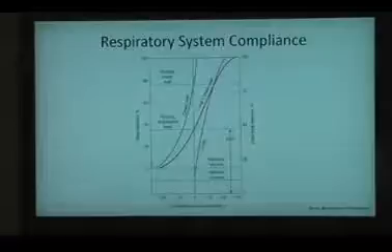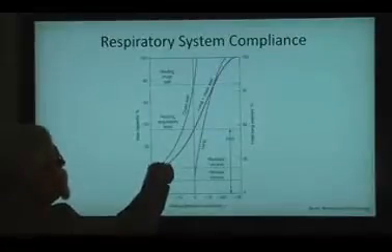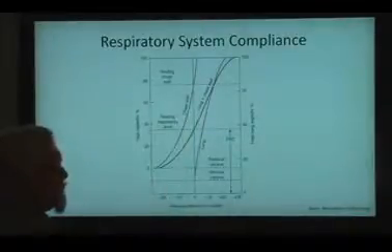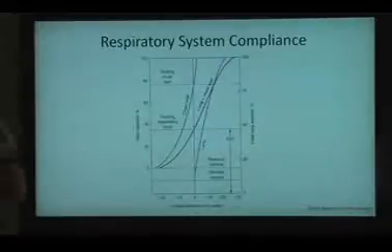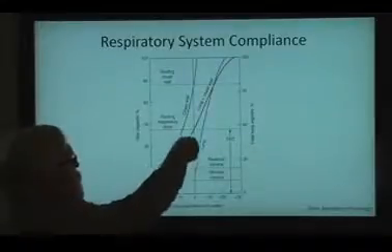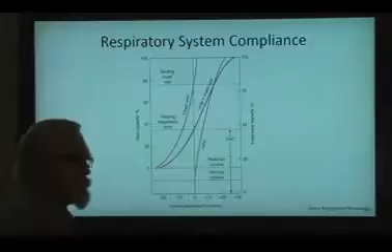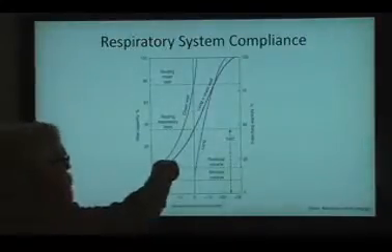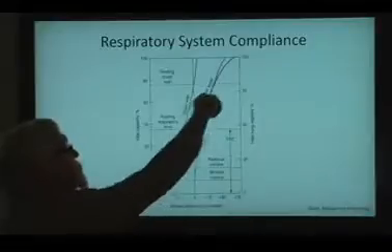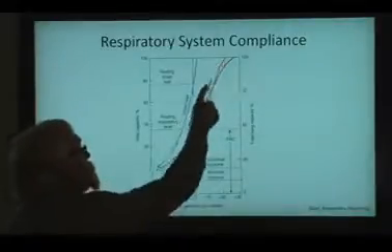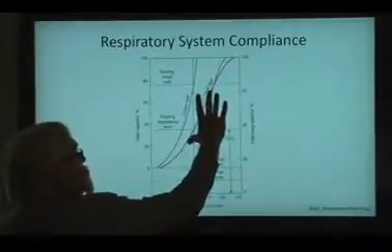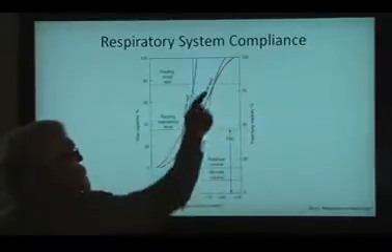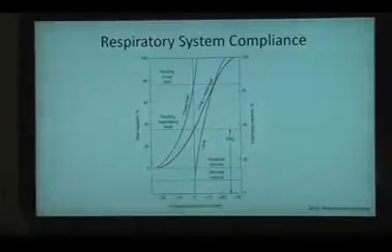Also notice that the pressure-volume relationship of the lungs and the chest wall together is sigmoidal. It's S-shaped. So there is curvature at low volumes, there's curvature at high volumes. Throughout most of the lung volume, the relationship is relatively linear.